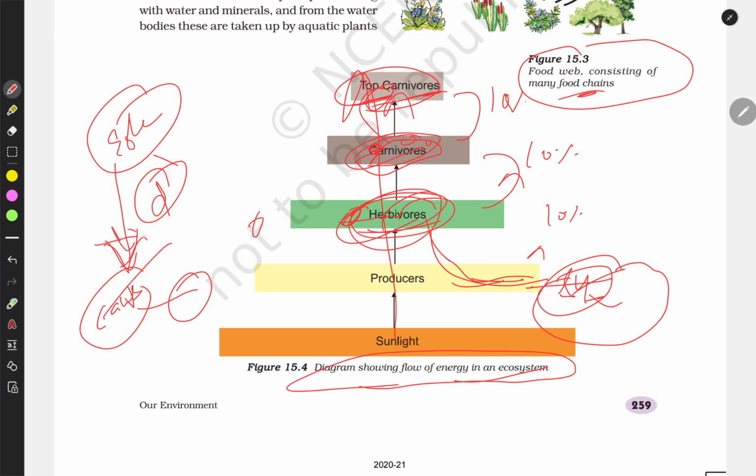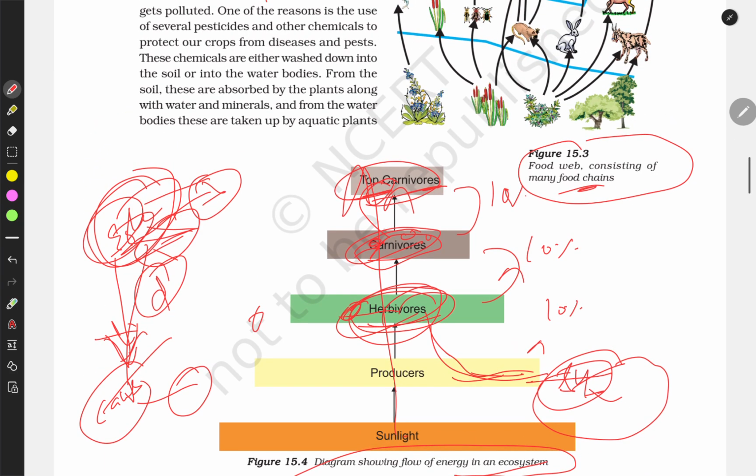When the cow and cattle die, eagles eat them. As the cow doesn't have any system for decomposing or breaking down that drug, it gets accumulated in the eagle, and the eagle also doesn't have it. The eagle's kidneys malfunction and many eagles died due to this. I'm forgetting the exact name of that molecule.